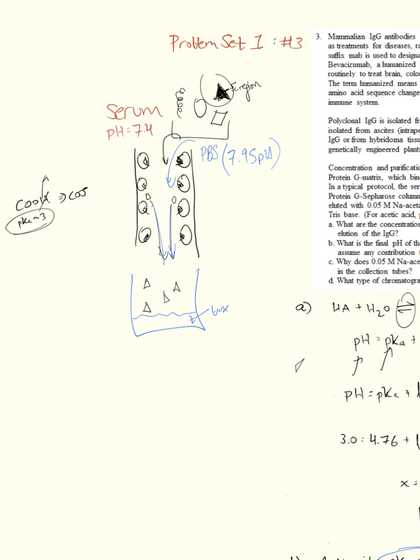But once we put the sodium acetate in, so after we got rid of all the other stuff, then we had a really, really acidic pH. We had a pH of 3, actually. So some of these were reprotonated, causing COOH, and that charge interaction between the antibody and the protein was lost, and then these proteins fell out.